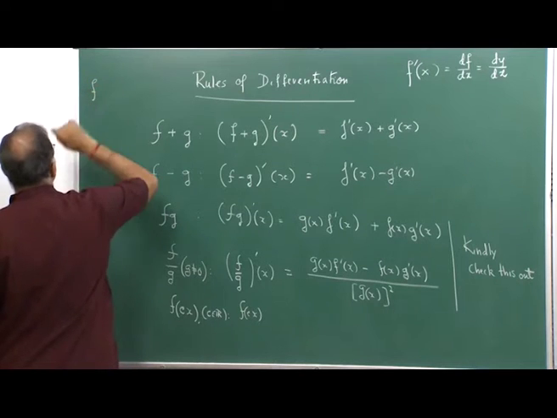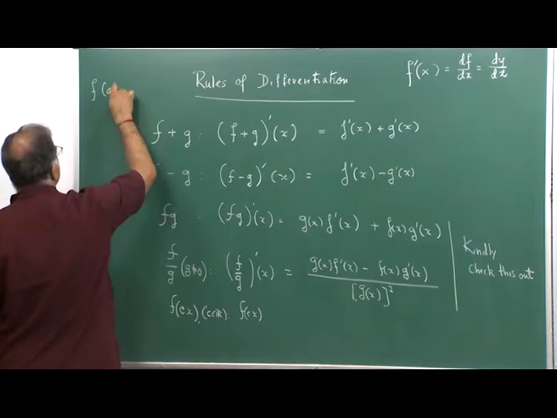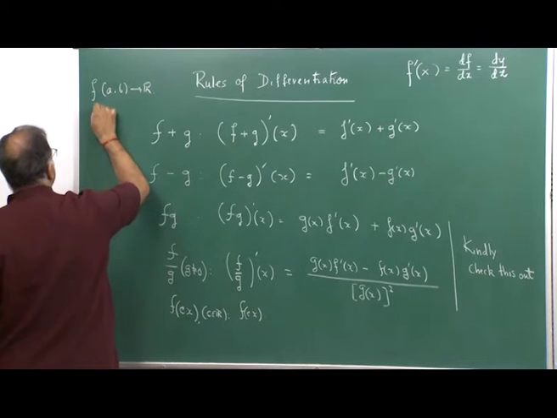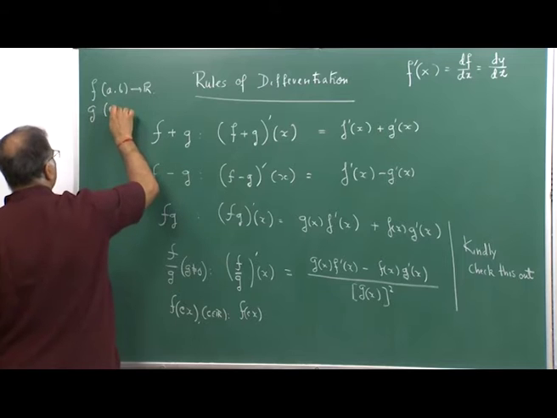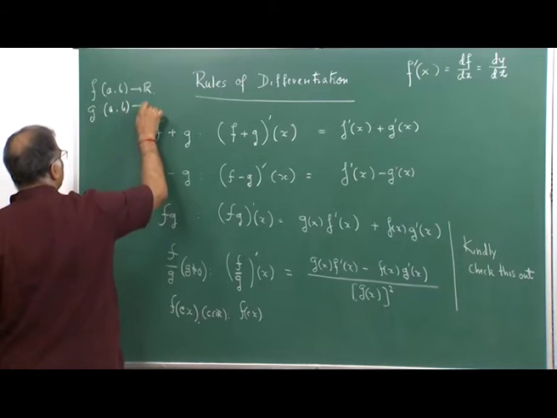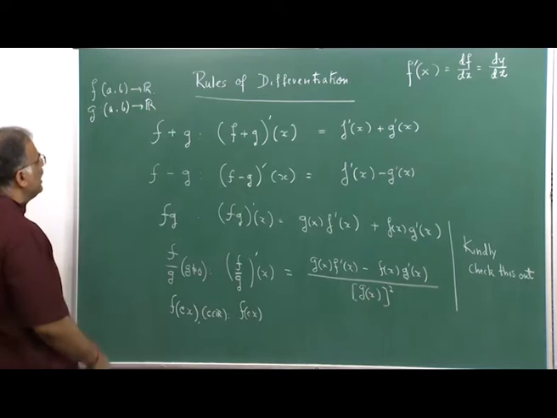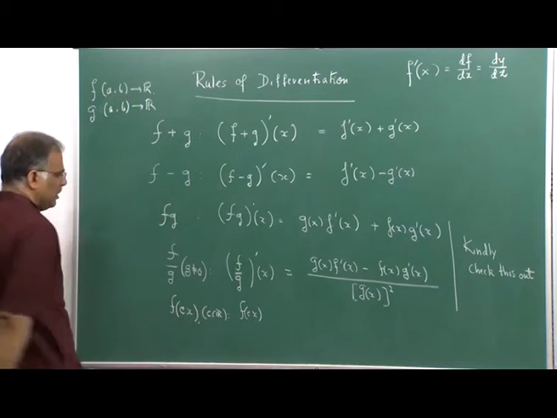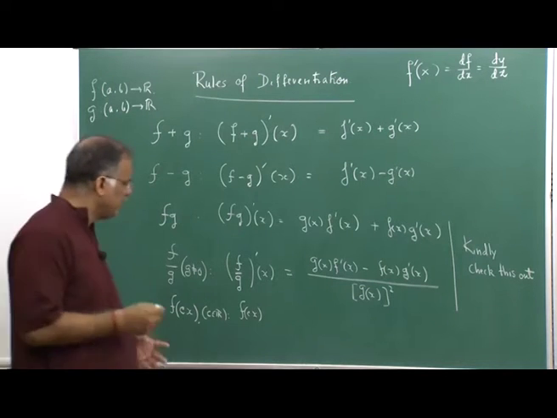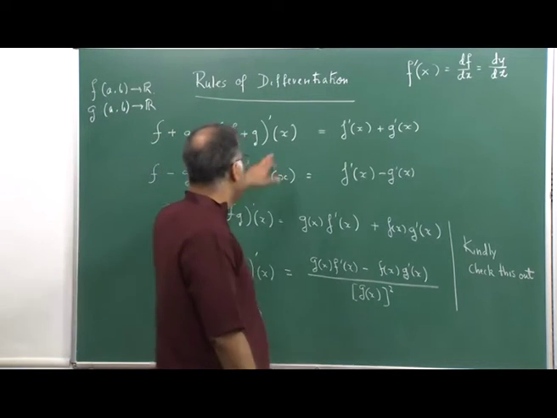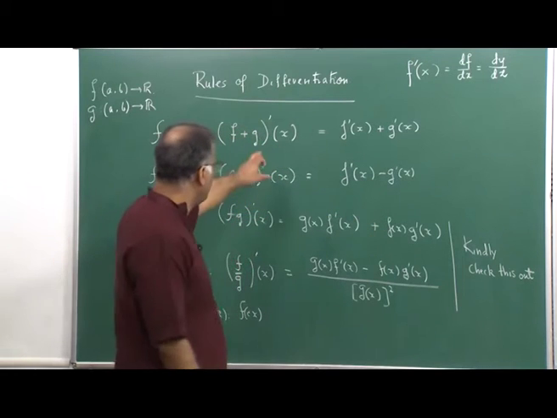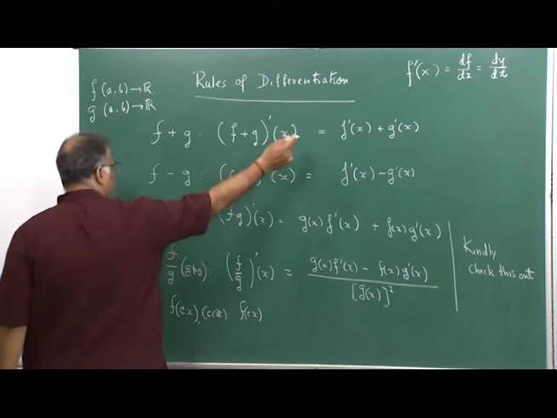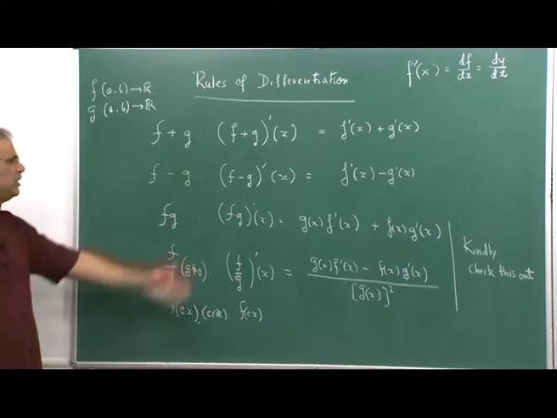The domain could be, say, the interval a b to R, and g could also be the interval a b to R, or the open interval c d to R, where a b and c d have some intersection, or you can just say both of them are from R to R, it does not matter. So, this domain and range does not matter if the function is differentiable at a given x. Essentially this is a point based result, where we are talking about the differentiability at this particular point. So, that is how you will calculate the derivative for this.